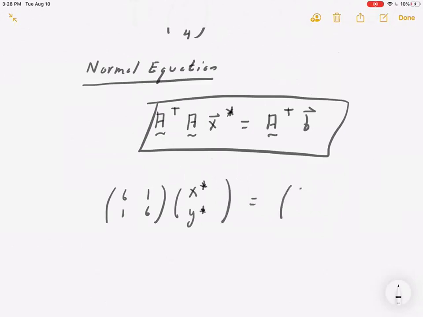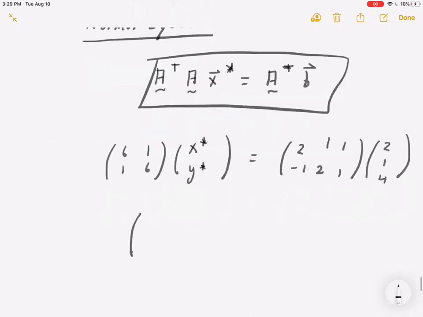I have everything on the right-hand side. So let me just simplify the right-hand side. And here's the matrix equation that I want to solve.